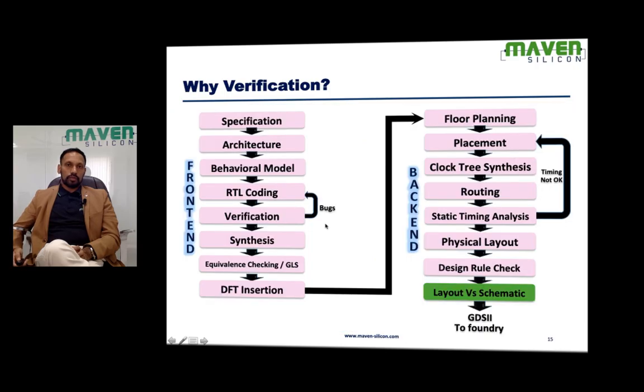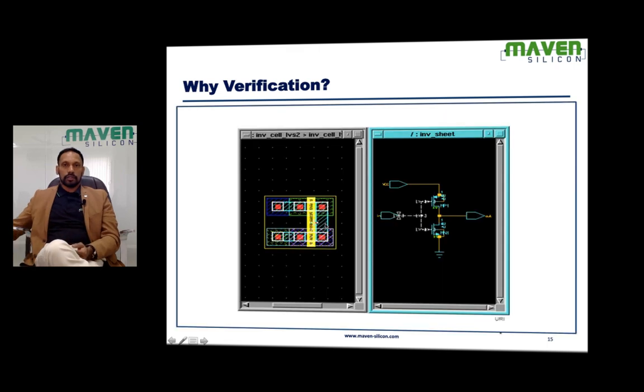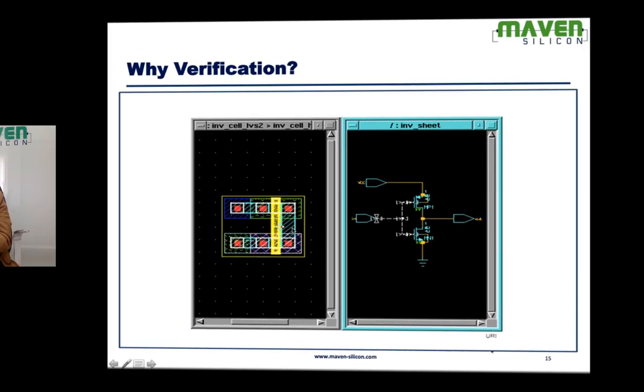Also, we do layout versus schematic verification. That's also part of physical verification. Whatever layout we have created, the final netlist GDS2 will be compared with the reference netlist, which is nothing but the netlist generated from synthesis. The question here is, are we retaining the functionality as part of the layout also?